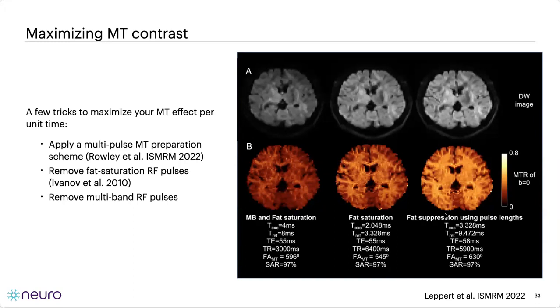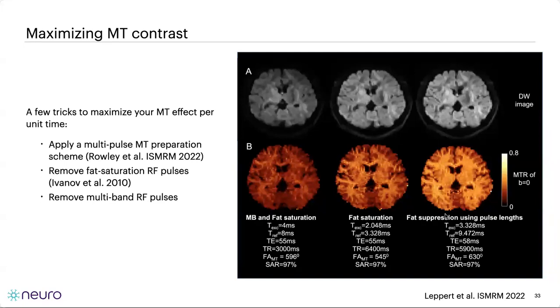If for those, you're doing multi-band acceleration, then you're also increasing your energy deposition because you're effectively exciting multiple slices at once, right? And then if you're doing fat saturation, again, that's another way that you're putting energy in. So our concern was that in the diffusion sequence, you're already putting so much energy into the brain just for diffusion that how much do we have left to create our MT contrast?